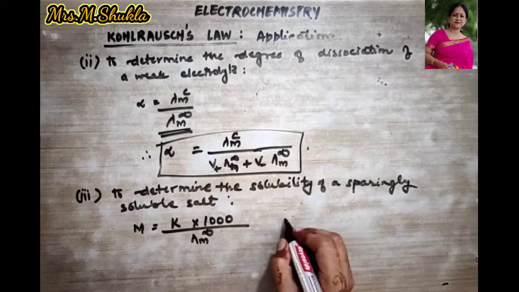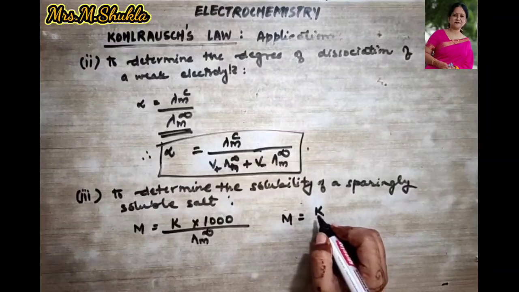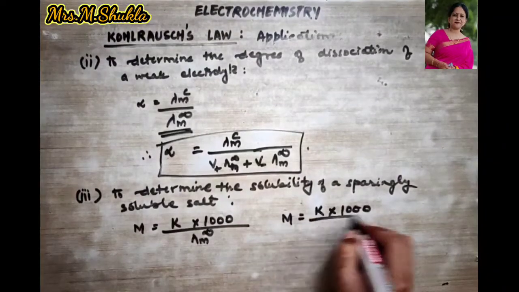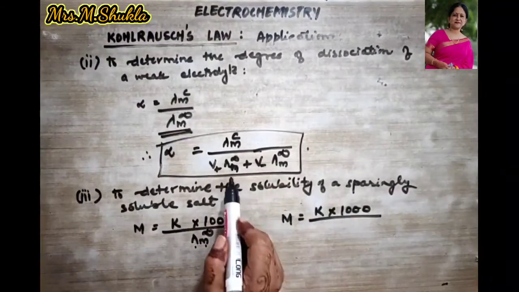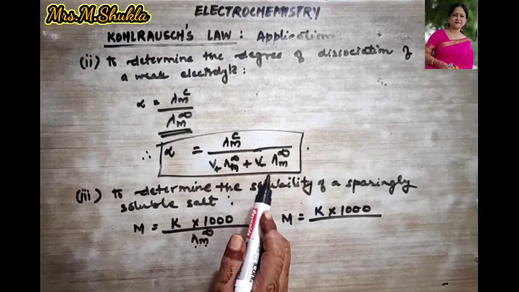Okay, so this can also be equal to what? This is equal to the specific conductivity of saturated solution into 1000 upon what is this? This is always equal to the molar conductivity of the cations and anions in the infinite dilution.